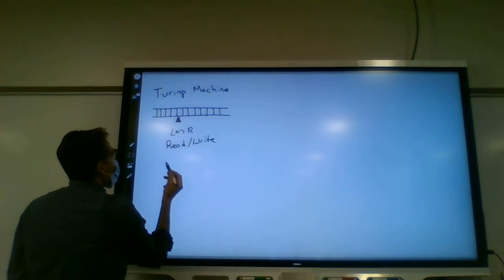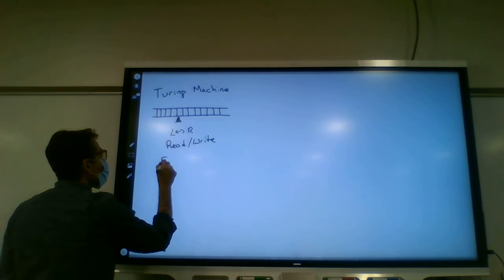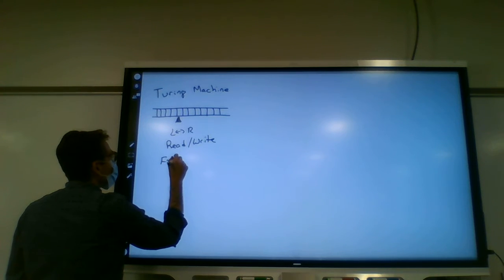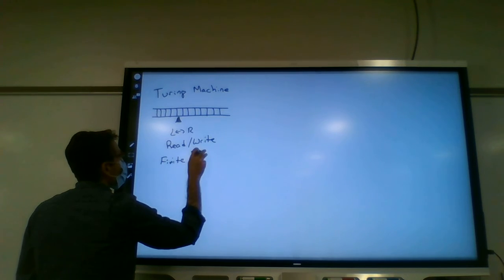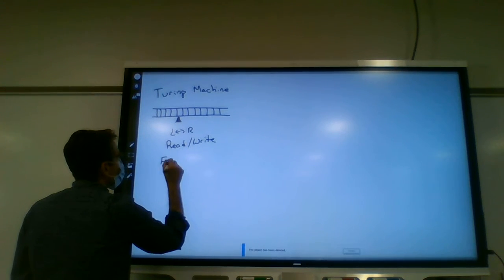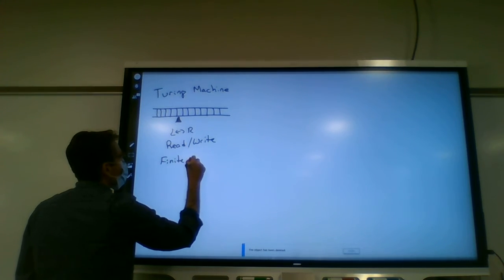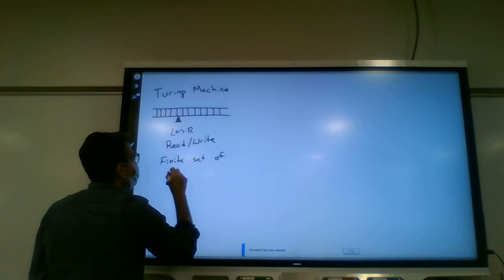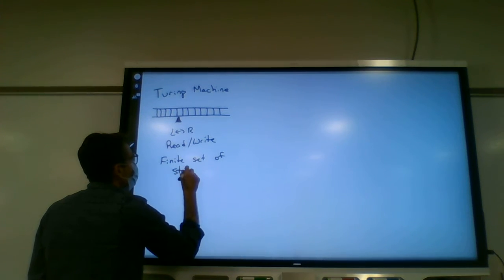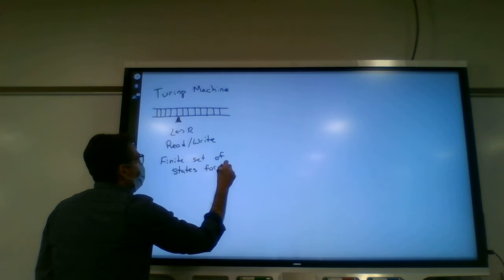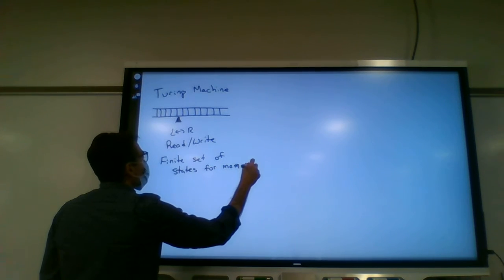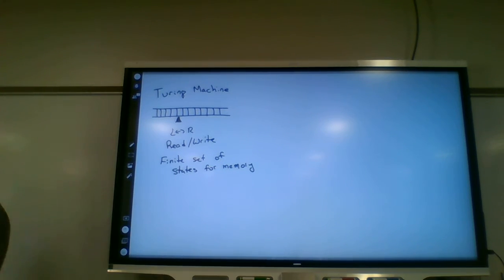And it also then has a finite set of states for memory. Just like a DFA has a finite set of states for memory, a Turing machine has a finite set of states for memory.